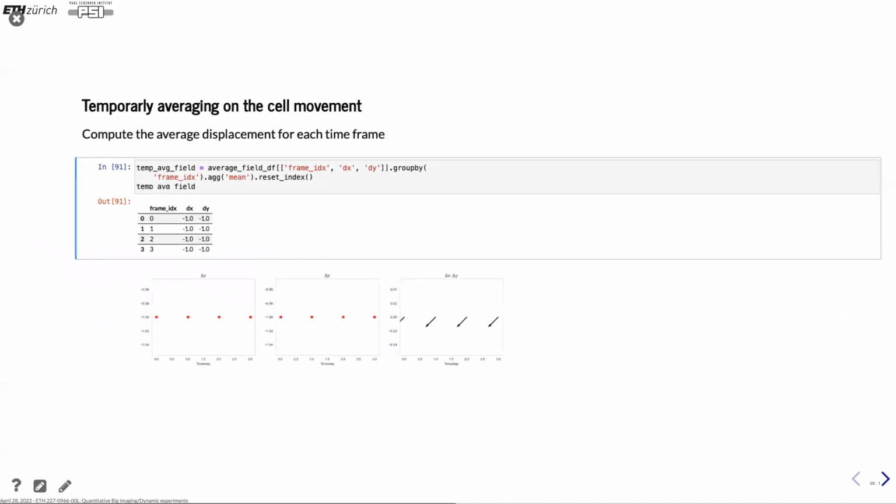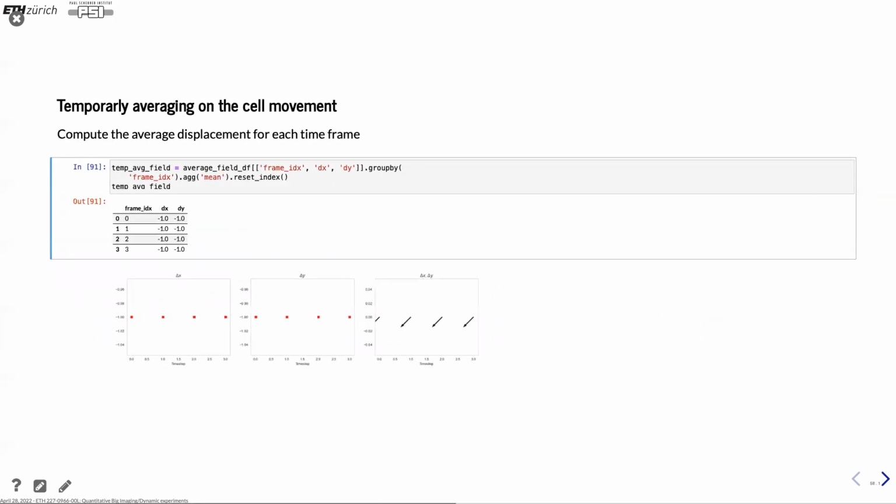Another way to average is doing it in time. Here we actually compute the average displacement at each time point, and that produces a little list. We can see that for frame index 1 we have -1, -1.